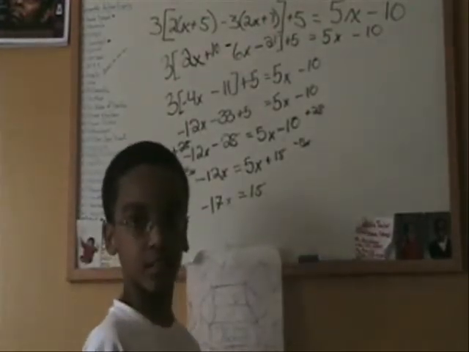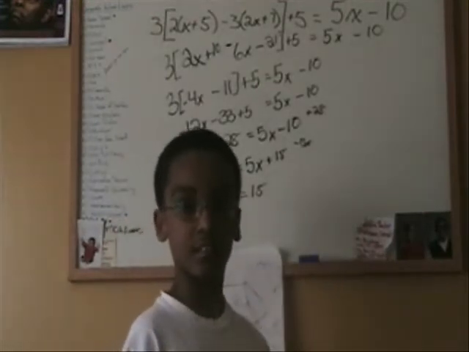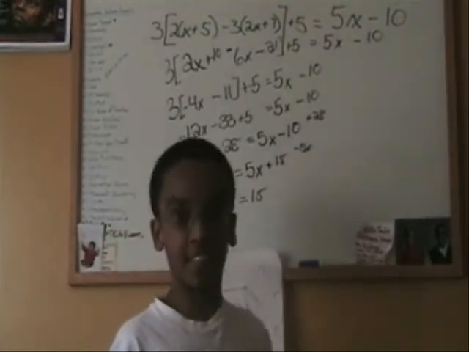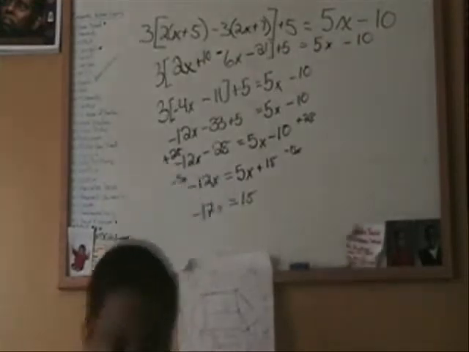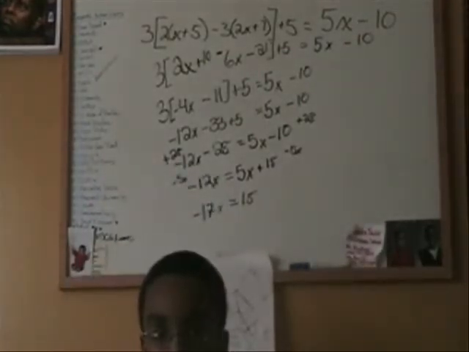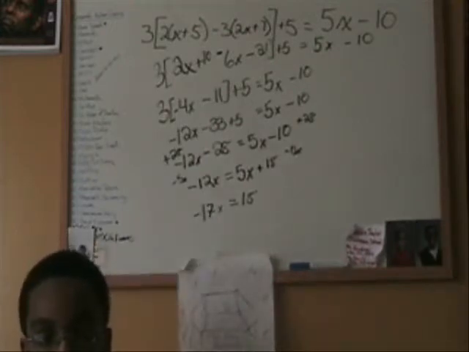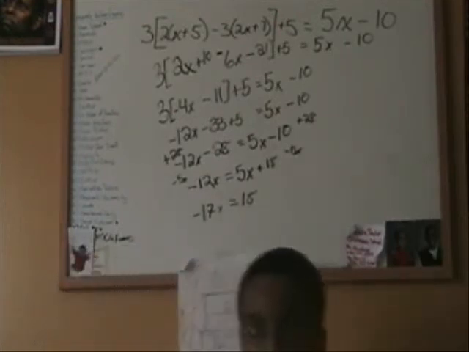So now you're trying to separate the whole number from your variable, right? Your variable is what? X. What's your whole number? Negative 17. So you're trying to separate negative 17 from your variable x. How do you do that? What's in between the 17 and the x?